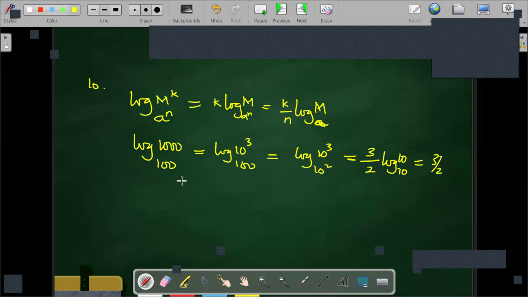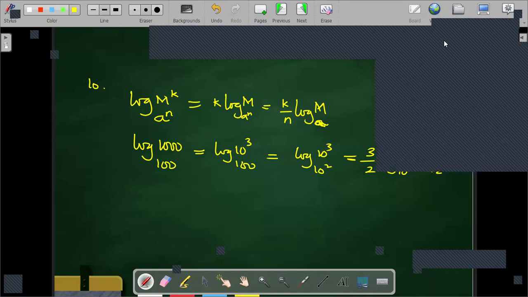So these are some of the basic properties of logarithm. In the subsequent video, we're going to see how to apply these logarithm rules in solving simple logarithmic problems, simplifications specifically.